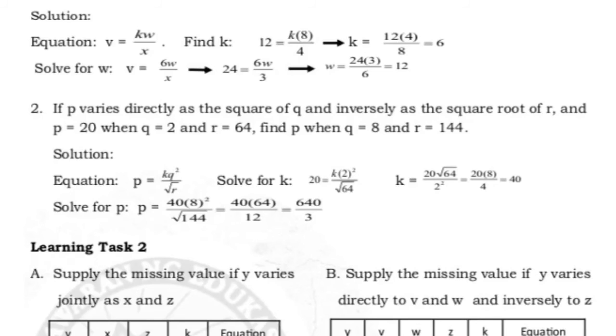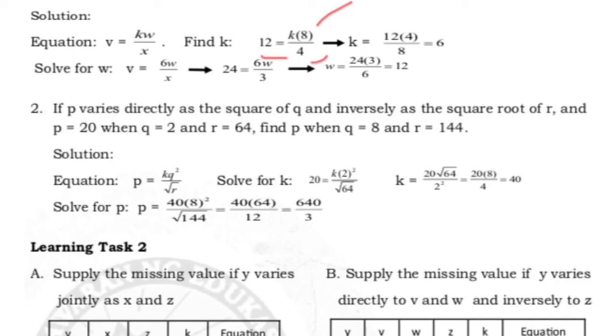So what we're going to do is we'll just substitute the given. So for V in the given is 12. So substitute V with 12. Then equals K times W. W is 8. Okay. Then over the value of X, which is 4. Okay.